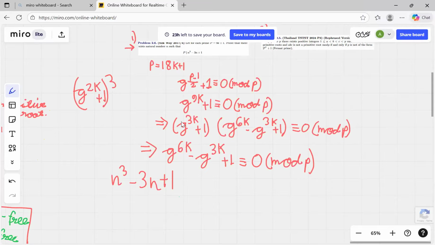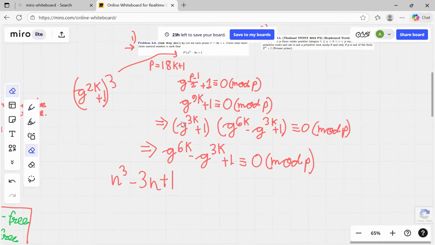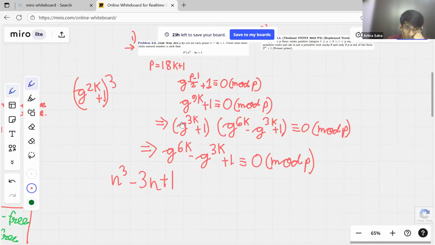Wait, where did 8k come from? You're trying to make it of this form, right? In the form of the question. Yeah, but there will be square terms and also the plus 1 will give a plus sign. I don't really see how this can help. This might help, I don't know, but I don't see it at least.